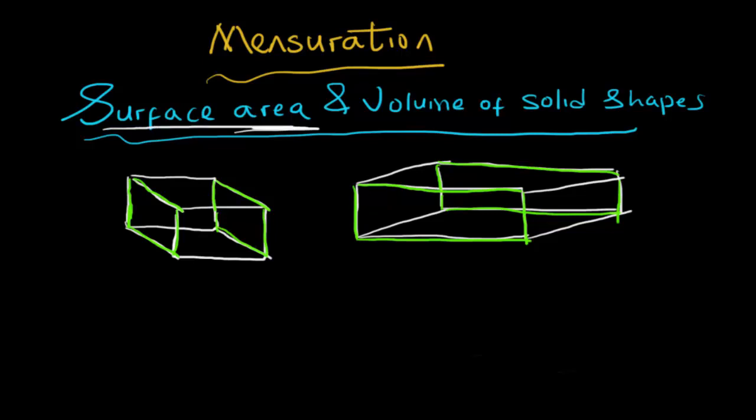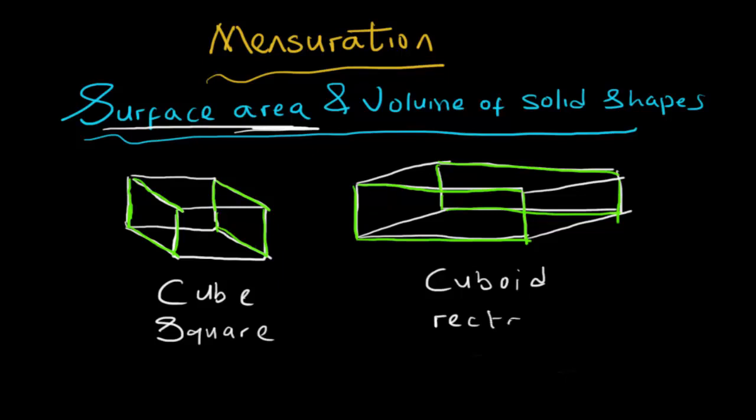Now, I've got two solid shapes here that we'll be considering in this video. This is a cube. A cube is gotten from a square, so it's just like a square box. And then this is a cuboid. A cuboid is gotten from a rectangle. So anytime you hear a rectangular box, what they mean is a cuboid.